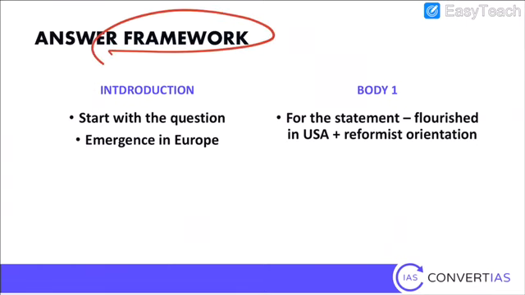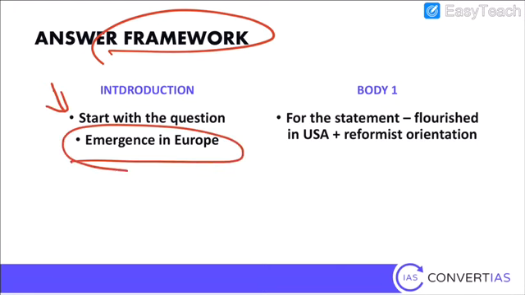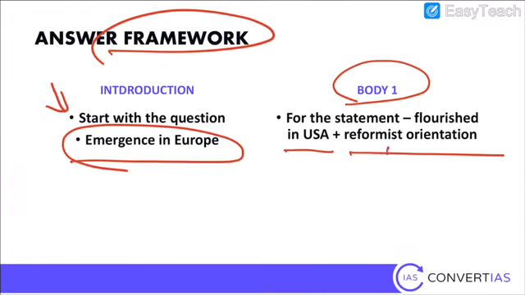For example, in the introduction we can start directly with the question, like how sociology emerged in Europe. In body 1 we are going to write for the statement, that means how it flourished in the USA with a reformist orientation. What do you understand by reformist? You have heard about social reforms.